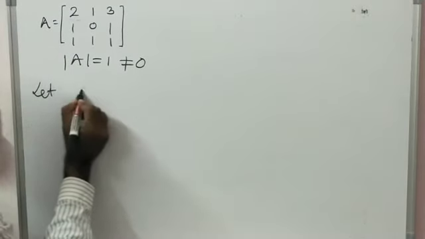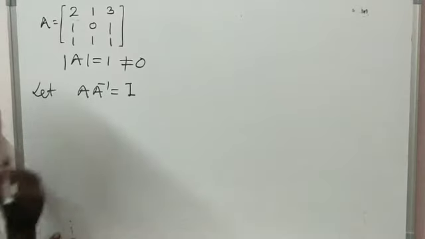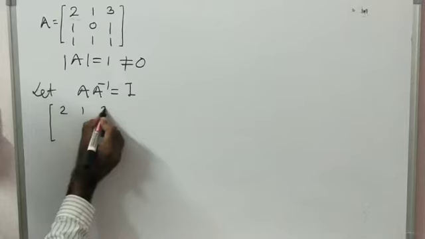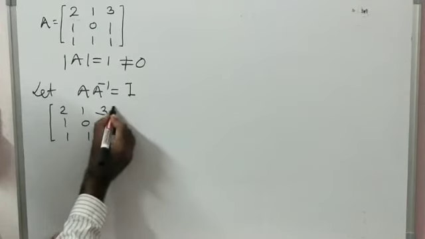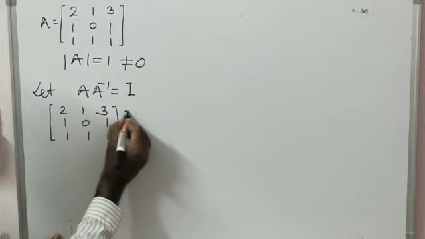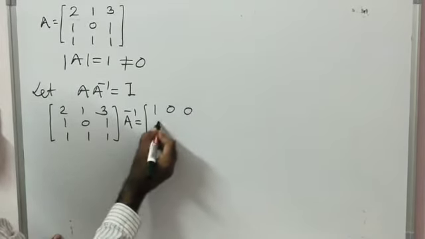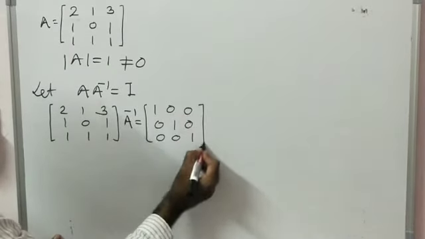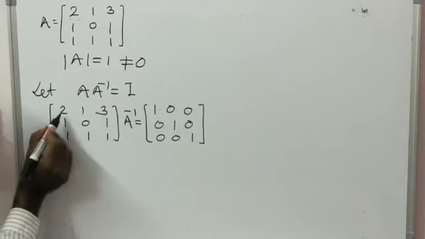Write A into A inverse equal to I. Matrix A, 2 1 3, 1 0 1, 1 1 1, into A inverse equals 1 0 0, 0 1 0, 0 0 1. We want 1 here first.